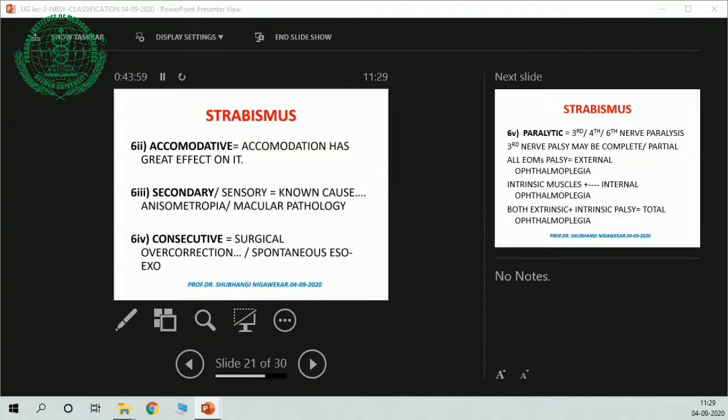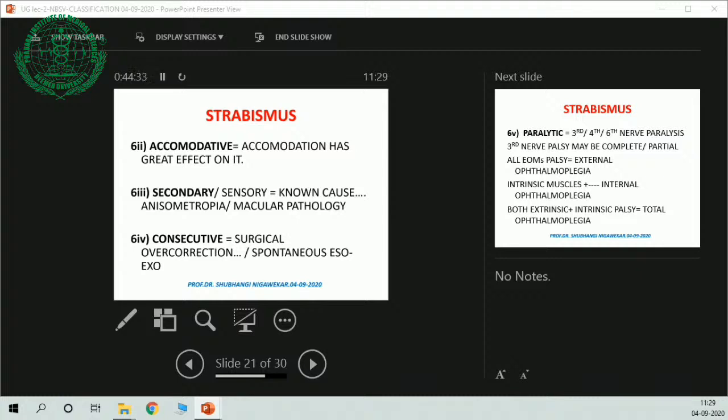Here the patient is accommodating for the near, but simultaneously the medial rectus also gets involved in this reflex, and because of more accommodation, there is more convergence. So the hypermetropic patient especially tries to accommodate more and more to visualize near objects clearly, and they get more convergence. So this accommodative phenomenon is also important. We have to find it out.